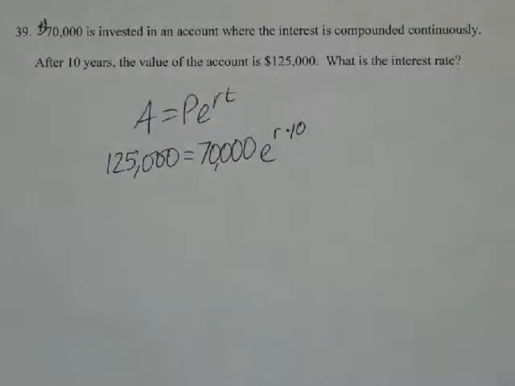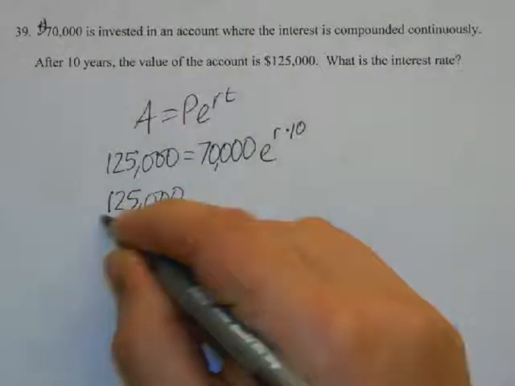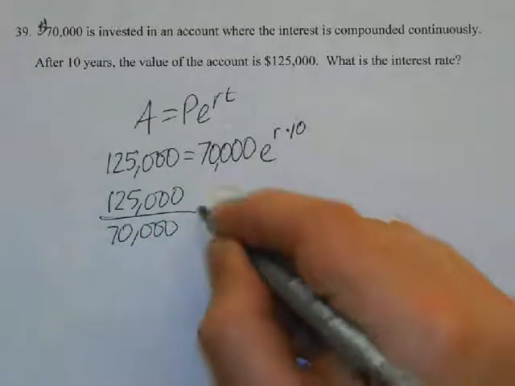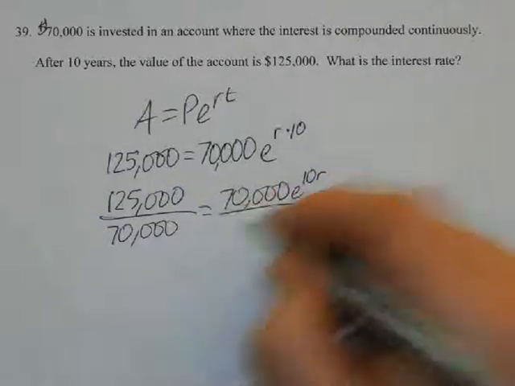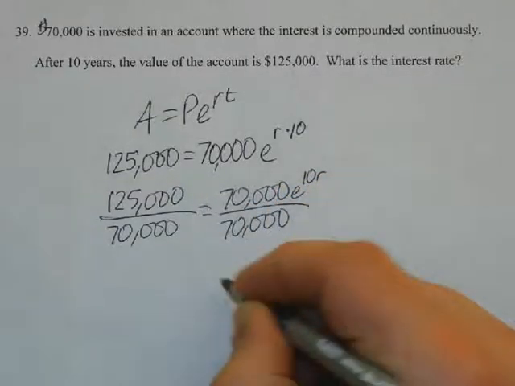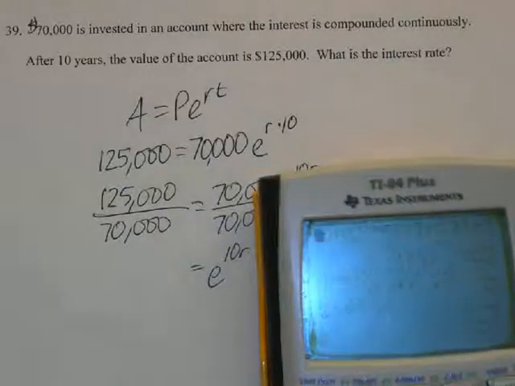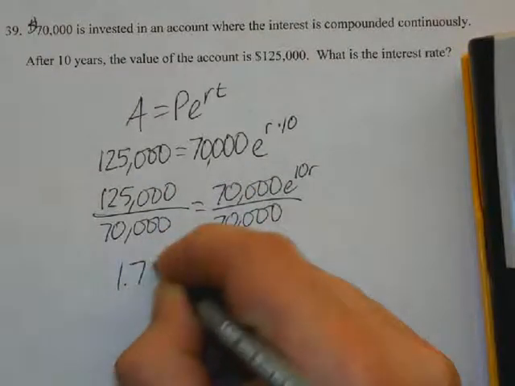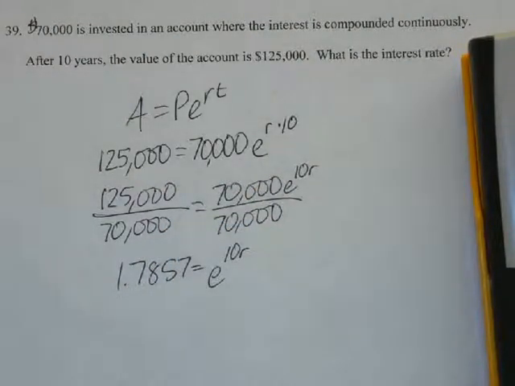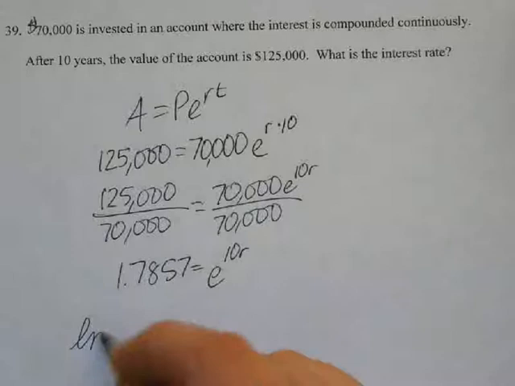I recommend getting the exponential by itself. So we'll divide both sides by 70,000. I'm going to rewrite that as e to the 10r. So I get about 1.7857. So now, to undo an exponential with base e, we'll take the natural log of both sides.